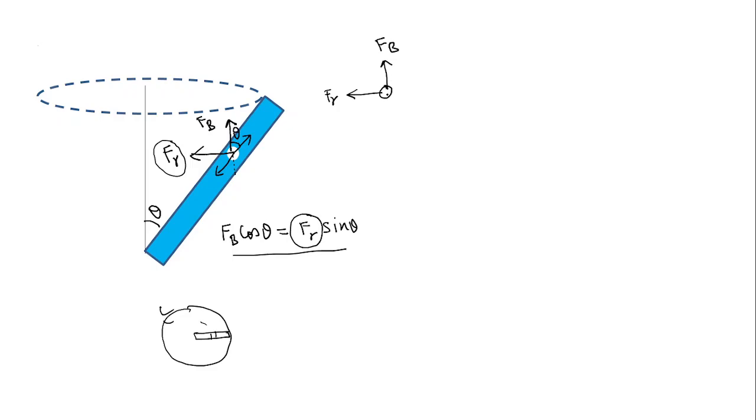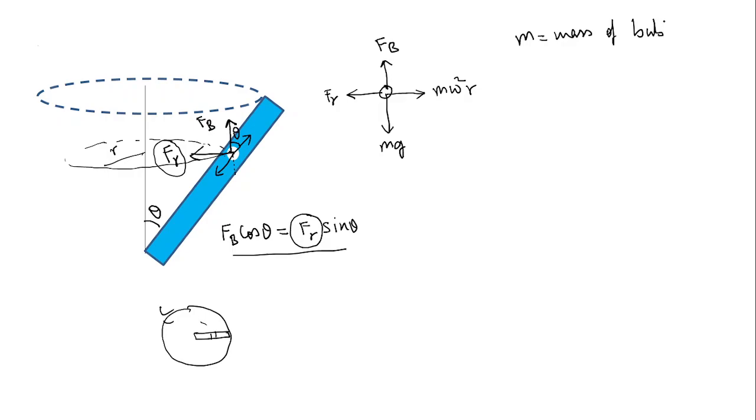Because it is rotating, it will feel a centrifugal force m omega square r, where r is the radius of the path of this bubble. This path on which the bubble is rotating has radius r. The other force is the weight of the bubble, mg, where m is the mass of the bubble.